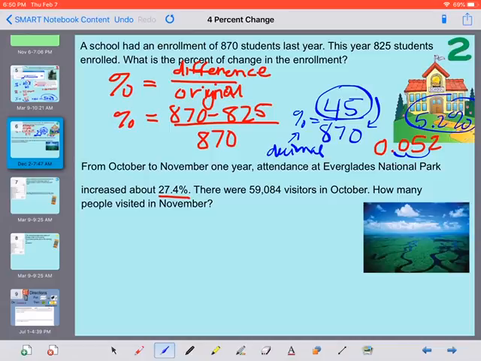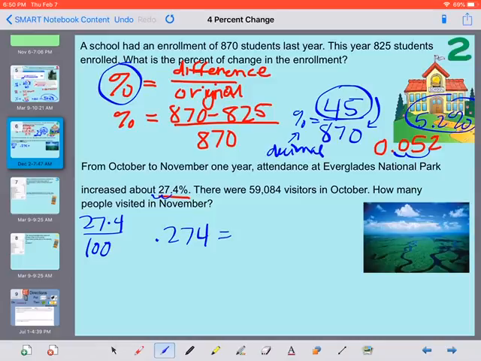We know that it increased 27.4%. So let's start by writing that as our percent. As a decimal, we're really dividing by 100, so our decimal would be 0.274.